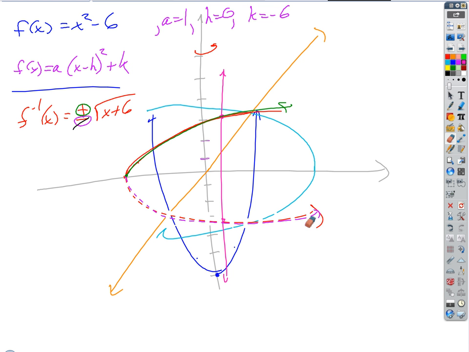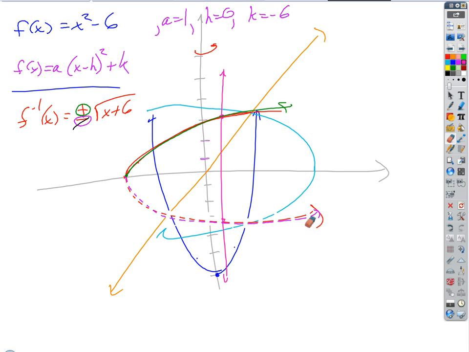Okay, but here's the problem then. That top half of the sideways parabola only matches up with a part of the original parabola, doesn't it? Which part of that blue parabola is going to map onto the red one? The right part, isn't it?